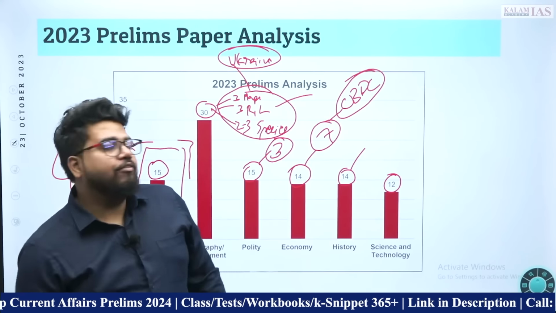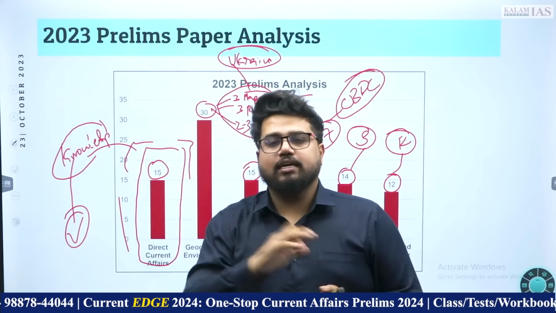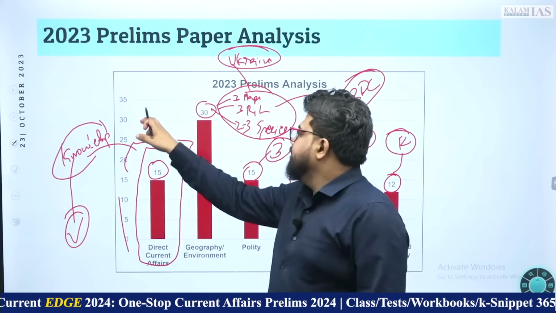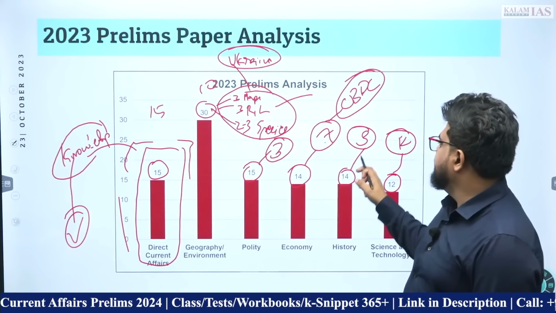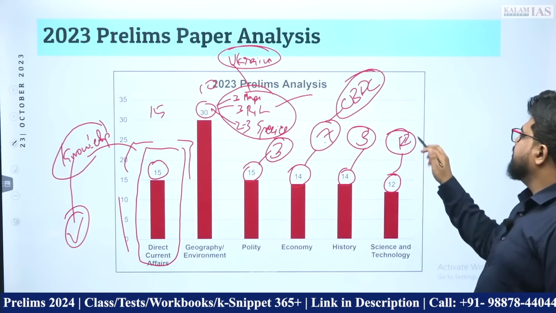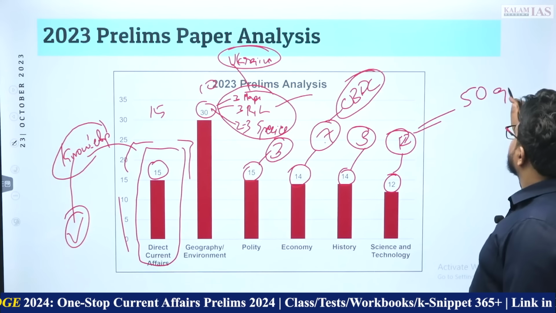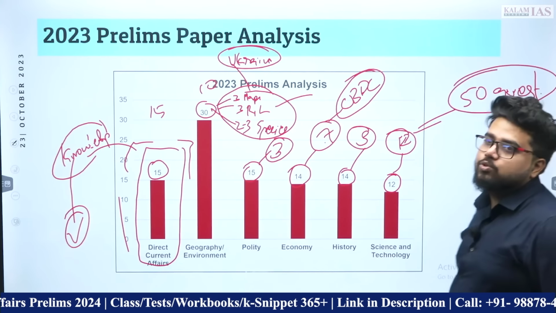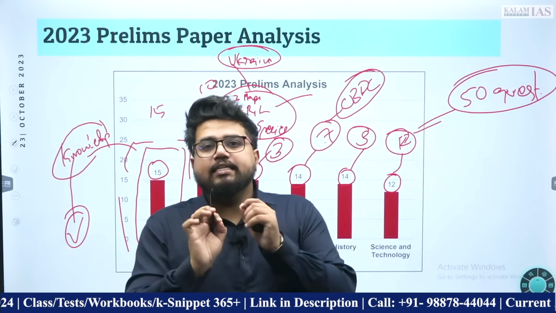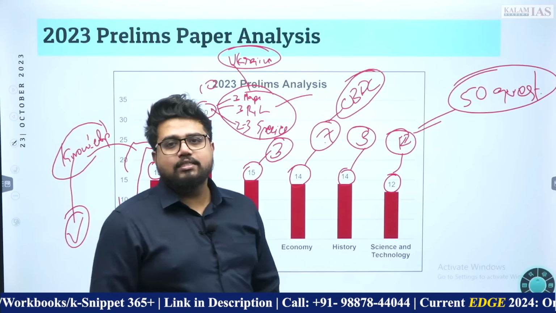So if you look broadly at how many questions you can directly or indirectly link with current developments, that is 15 from here, 10 from here, 25, 28, 35, 38, plus 12, you will get around 50 questions. 50 questions, one way or another, directly or indirectly, are related to current developments.